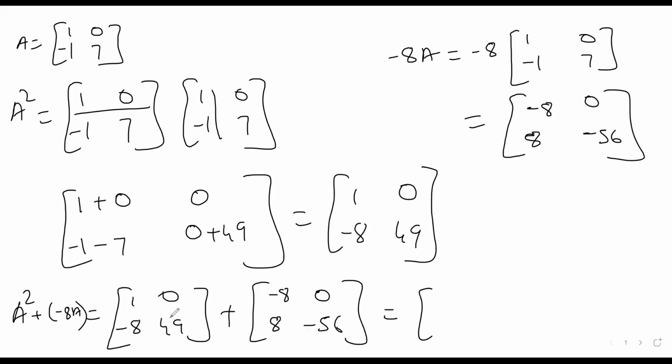This will be 7 0 0 49 minus 56. This is minus 7. Now we know very well that they have said A square minus 8A minus kI is equals to 0.